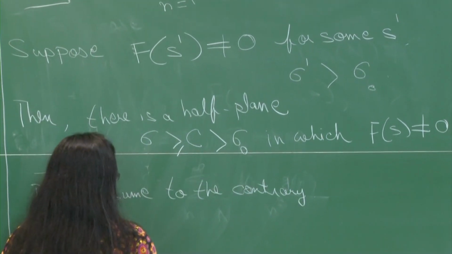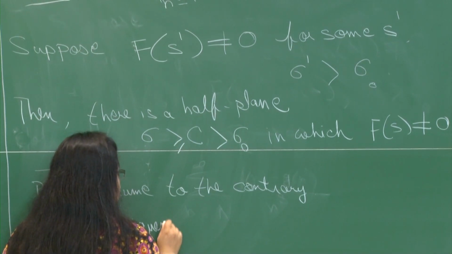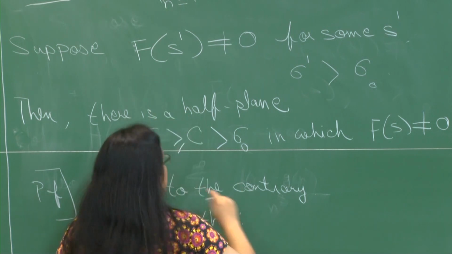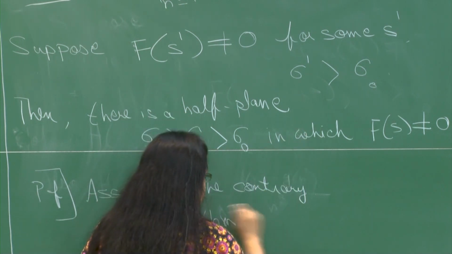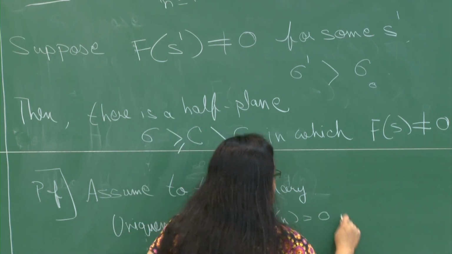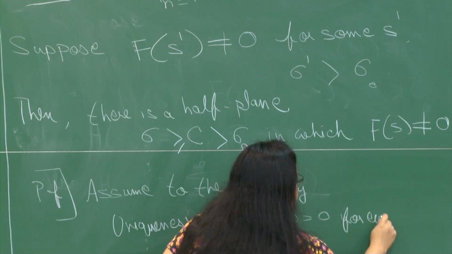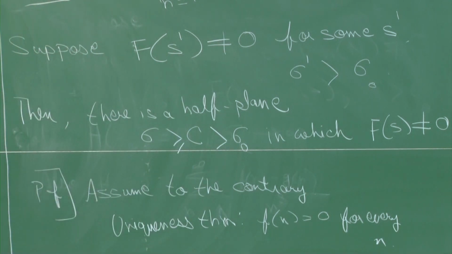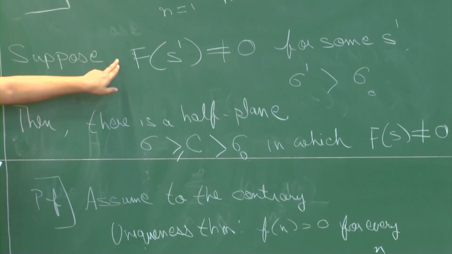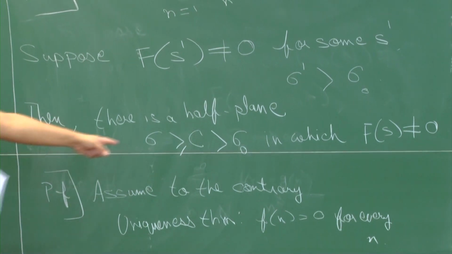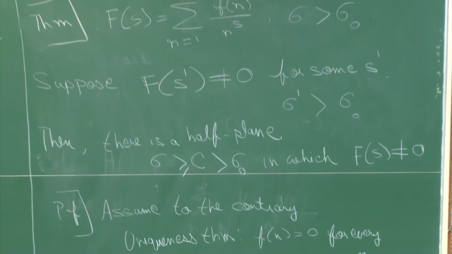By the uniqueness theorem applied to capital F and the 0 function, you end up getting that little f of n is equal to 0 for every n, which again is a contradiction, because you are starting off with a function where the Dirichlet series is not vanishing at some point. Therefore, you cannot have f of n equal to 0 for every n.